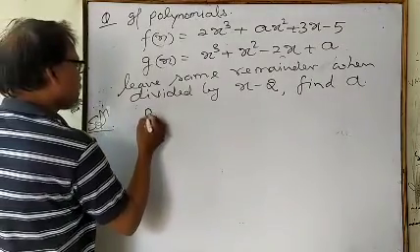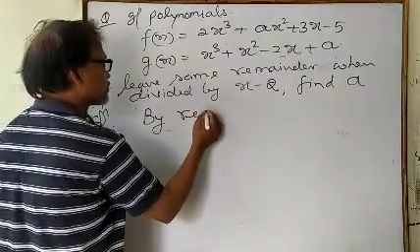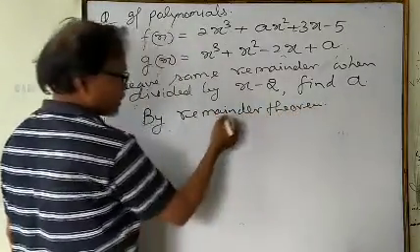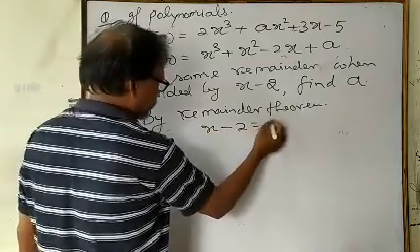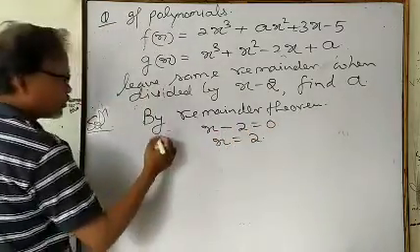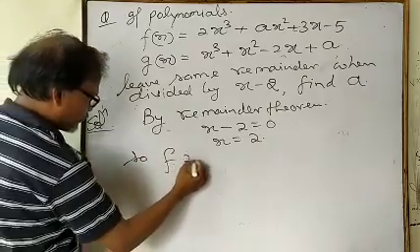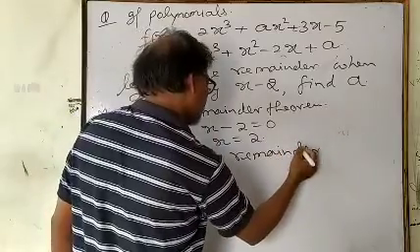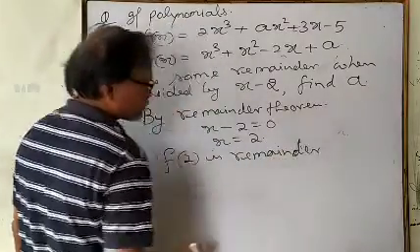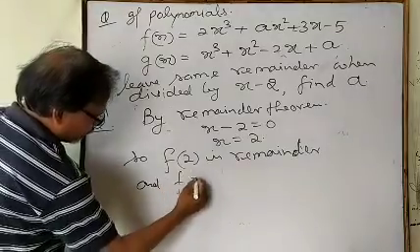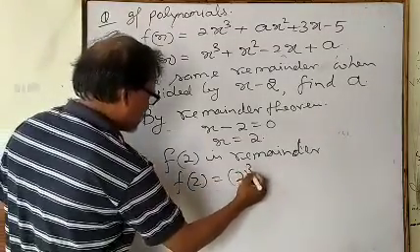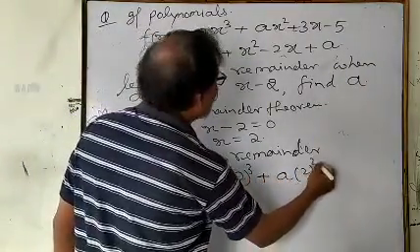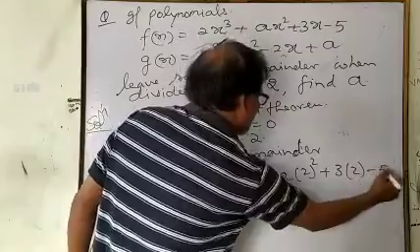Now by remainder theorem, x minus 2 is equal to 0, so x is equal to 2. So f of 2 is the remainder, and f of 2 is equal to 2 into 2 cube plus a into 2 square plus 3 into 2 minus 5.